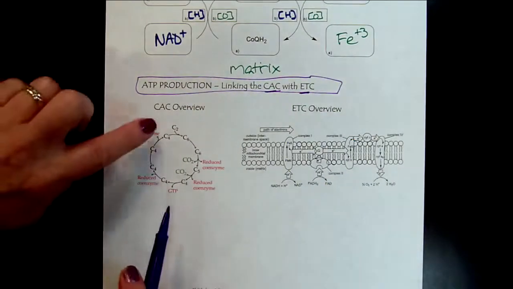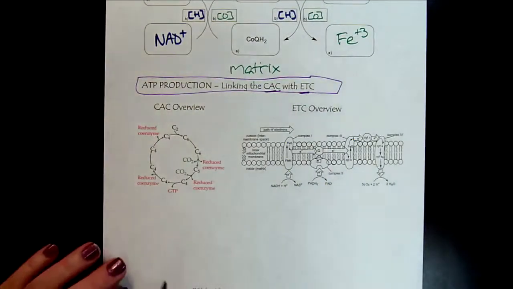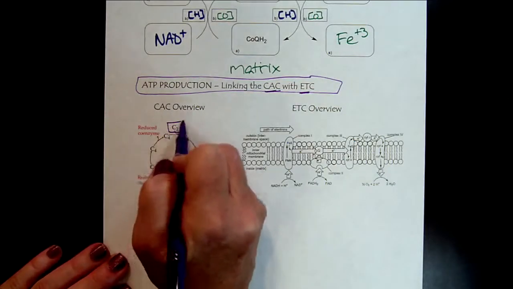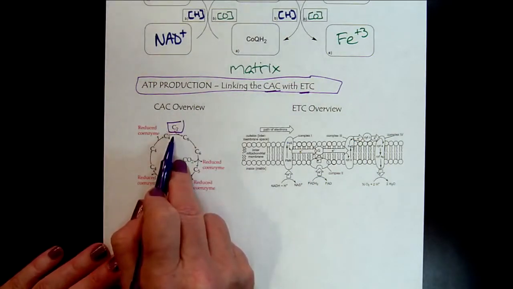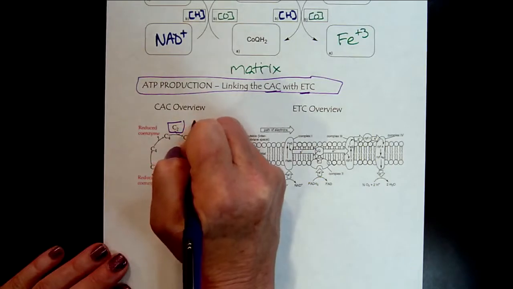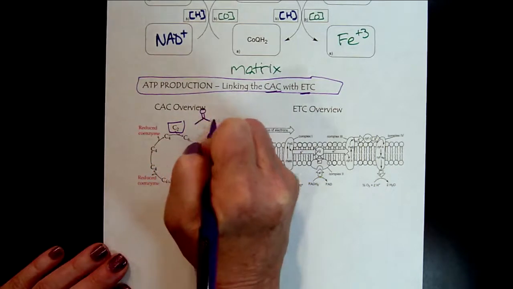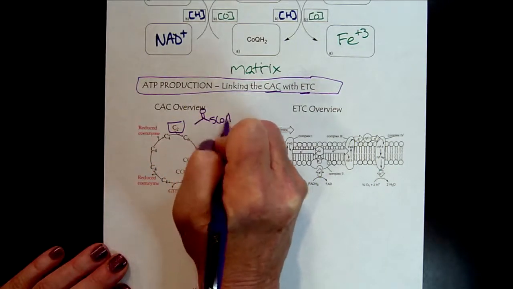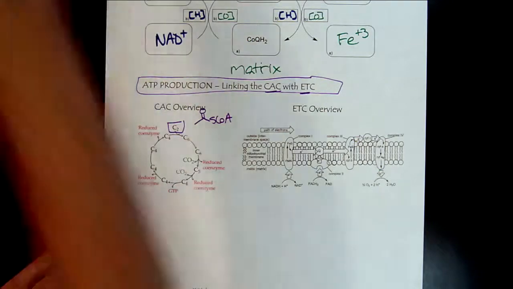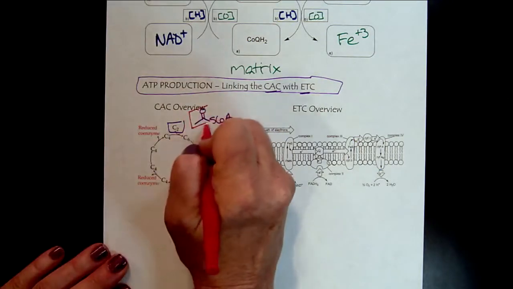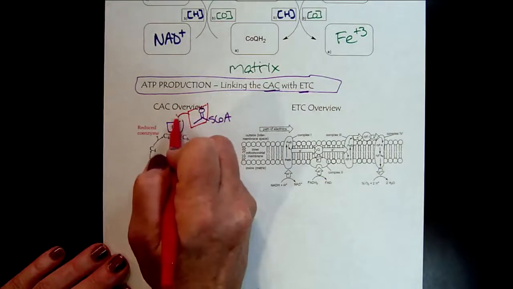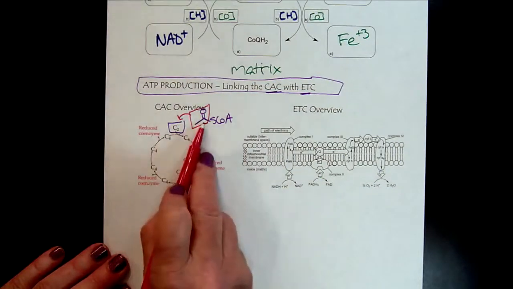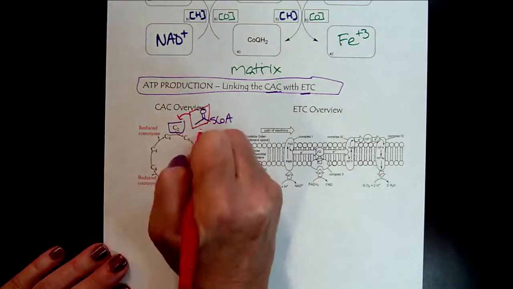Right, so here's the citric acid cycle in a very simplified form. There are 2 carbons that enter, and that's from acetyl-CoA. Right, so there's that acetyl group, that 2-carbon group. Then when I say C2, it's referring to this acetyl group right here.